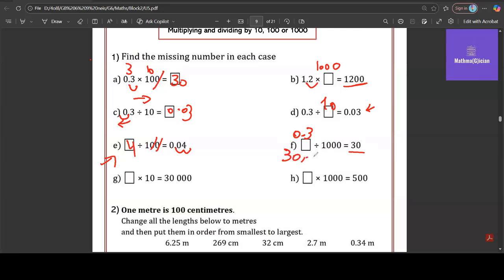Or 30,000 divided by 1,000 equals 30? 30,000. If you have 30,000 pounds, you will divide them among 1,000 students or 1,000 people, 1,000 human beings. The 30,000 divided by these 1,000 will be 30. Each one will get 30 pounds or $30, whatever.